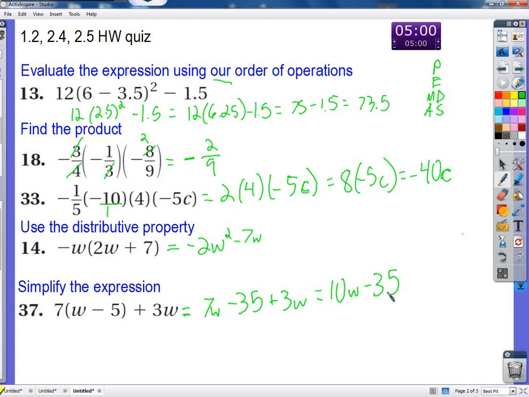Okay, we're going to exchange pieces. What in the world is going on?